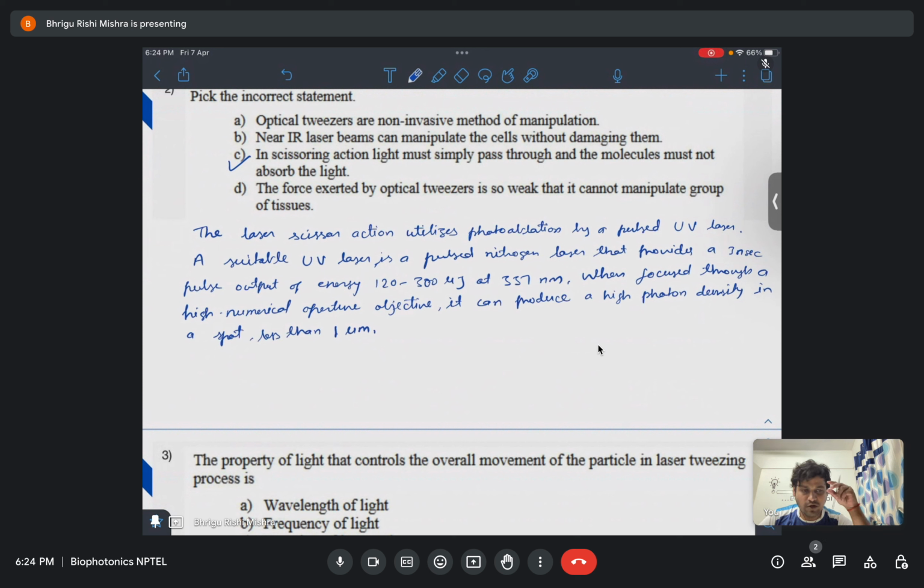So the spot should be very small, and the spot should be circular, so that it cannot damage the neighboring cells, and also the size should be comparable to the size of the cells, so that it cannot destroy the healthy cells or healthy tissues.